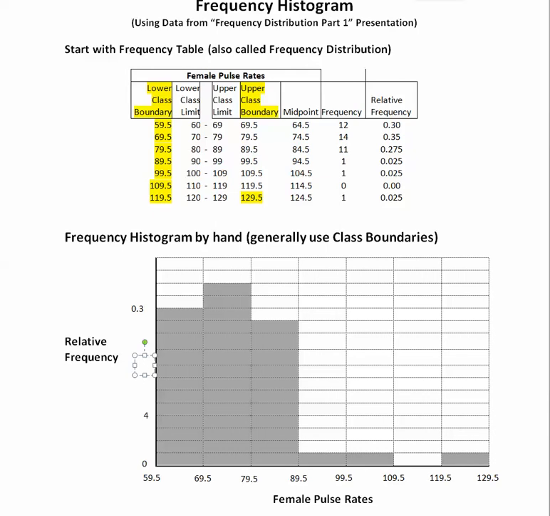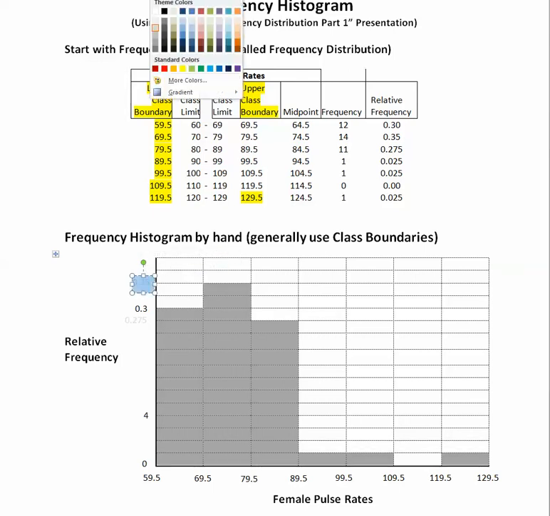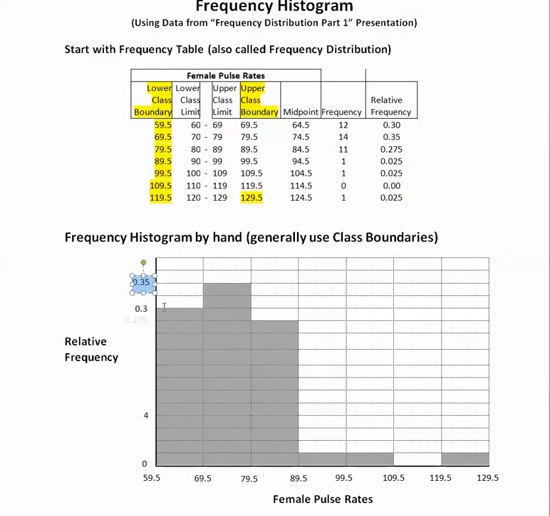So I'm going to insert a text box here. Okay, so for the second class, we see that the relative frequency is 0.35. So we're just going to put 0.35 right there. So that lines up with the top of that column.